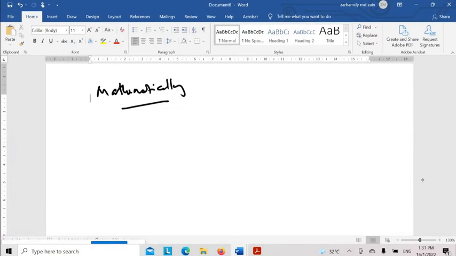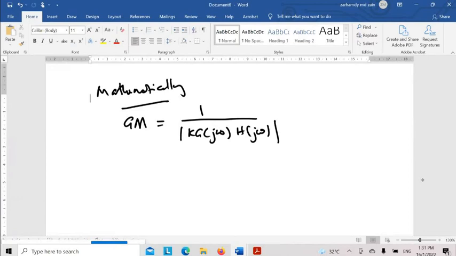The formula is gain margin GM equal to 1 over the magnitude of KG(jω)H(jω), and we refer to the phase, where the phase of KG(jω)H(jω) equals negative 180.